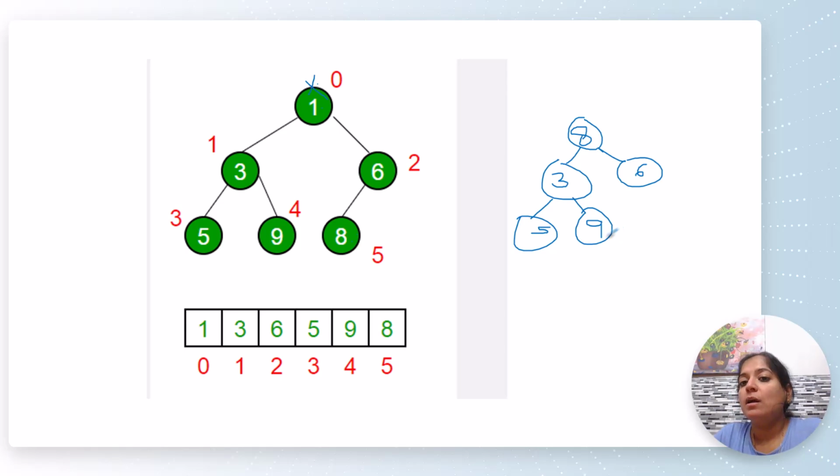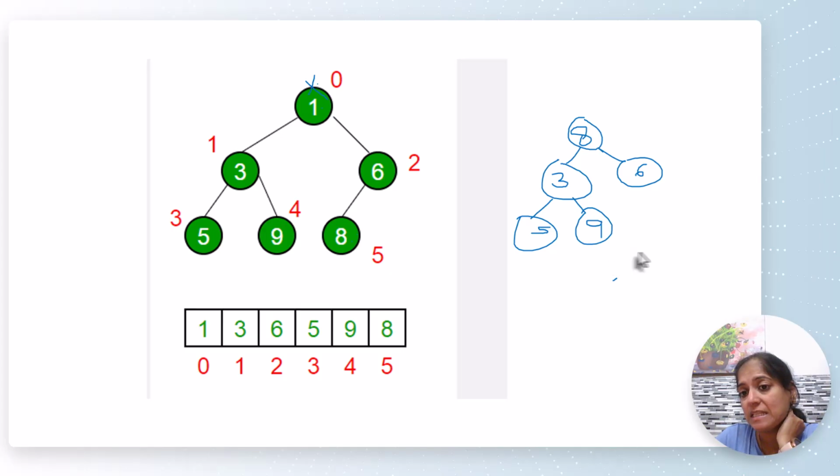Now, if you can see, the heap property is not maintained here because 8 is greater than 3 and 6, while we need to have the min property, so the root element should be smaller than 3 and 6.